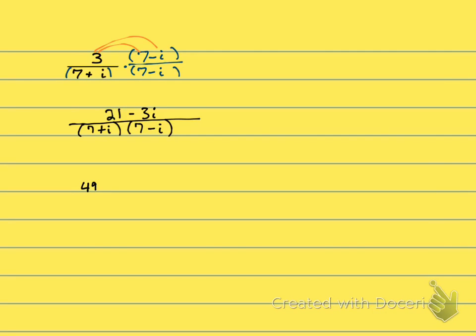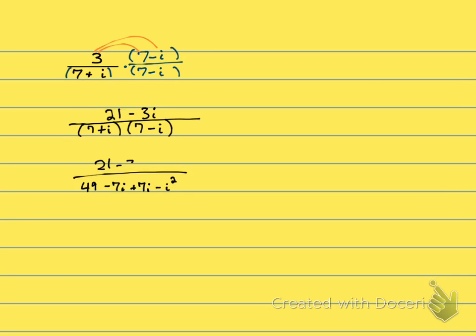Outer two, 7 times a negative I, and that is minus 7I. Inner two, positive I times 7, and that is a positive 7I. And then the last two, FOIL, last two. I times negative I is negative I squared.